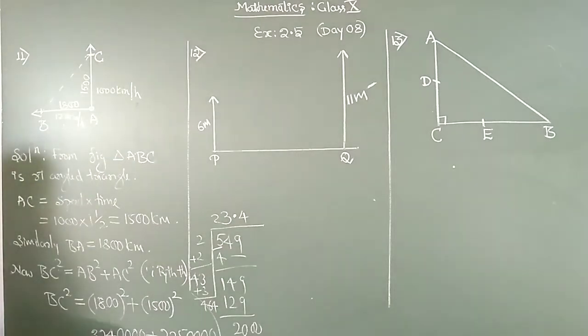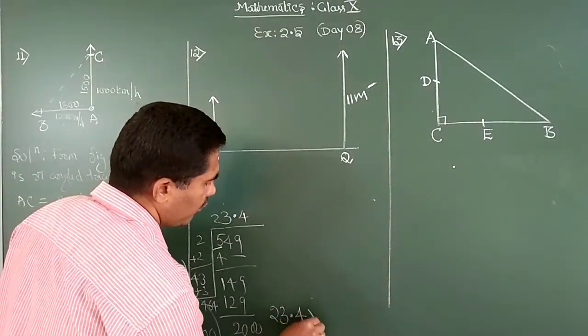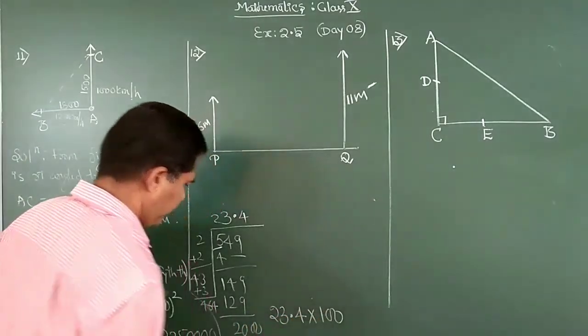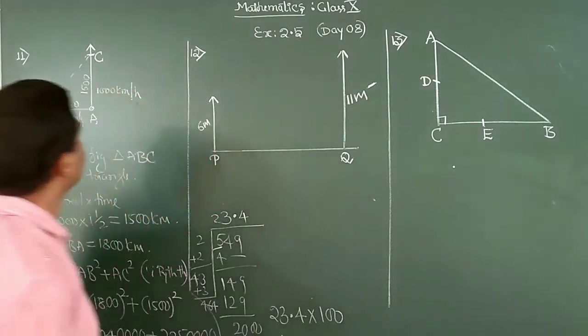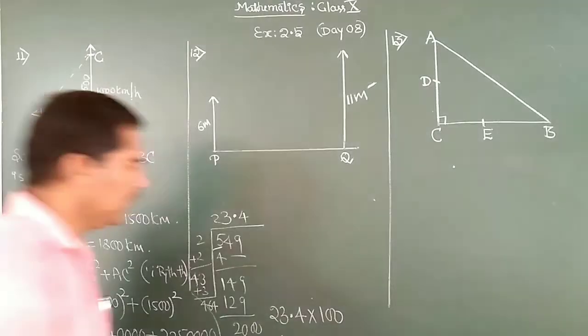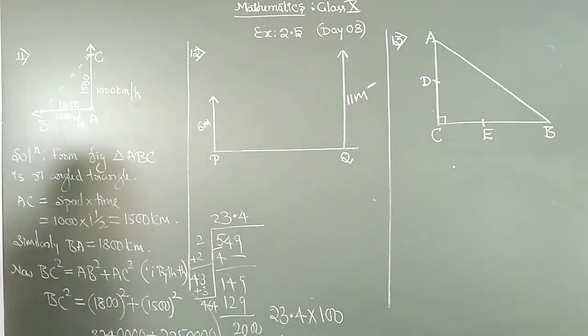Then put 2 zeros extra. So that becomes 23.4 into 100, which is 2340 kilometers. So that is the approximate distance between the two aircrafts or aeroplanes.